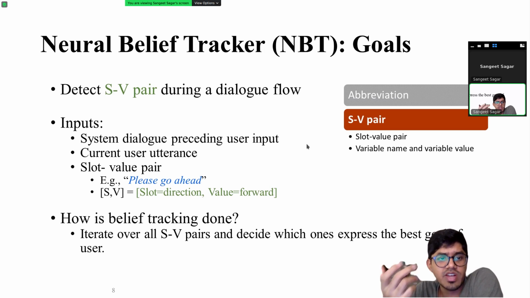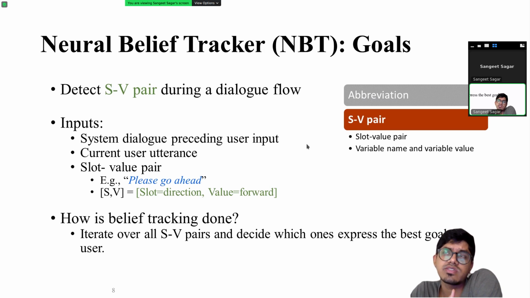Its goal is to detect a slot value pair in a dialogue flow, where it takes three inputs: the current utterance of the user, the most recent system output that led to that user utterance, and a slot value pair.